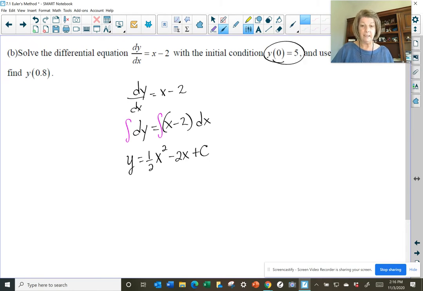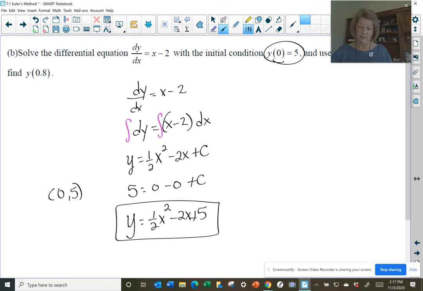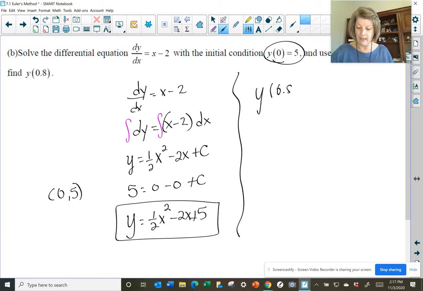We bring in the ordered pair (0, 5) to find our c. So I get 5 equals 0 minus 0 plus c. Obviously, c is 5. So I get y equals 1/2 x squared minus 2x plus 5. This is what I needed to do for that Desmos. I needed to create the original function so that I could do it. Now it says find the actual value of y of 0.8.